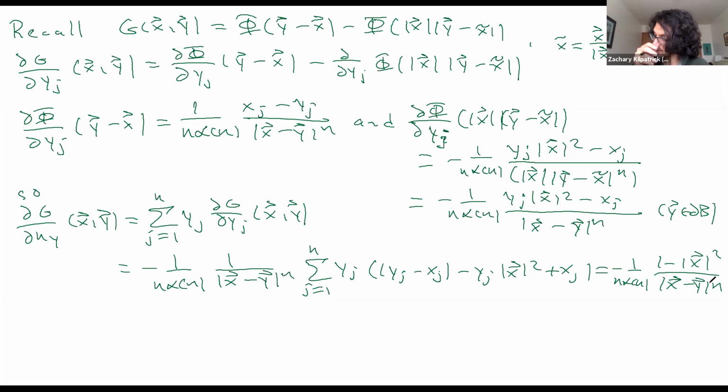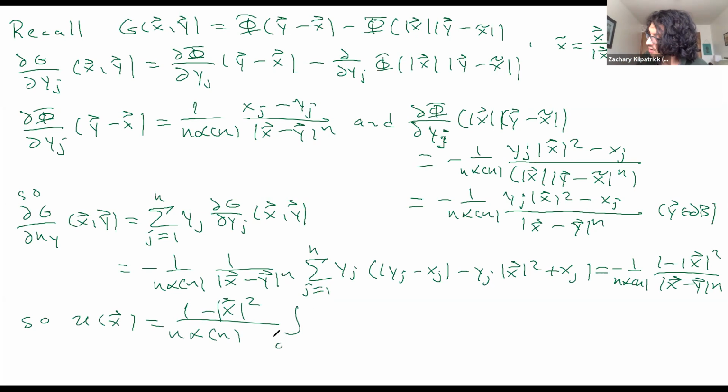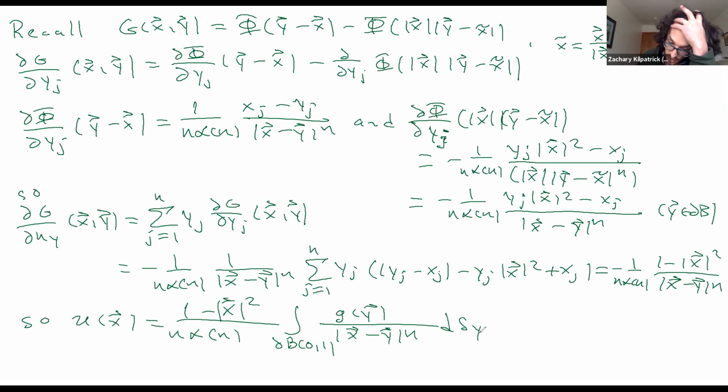And if you remember, our solution using the Poisson kernel should look a lot like what we had in that case. So essentially we have u of x is equal to 1 minus the magnitude of x squared, over n alpha of n, times the integral over the surface of g of y divided by the magnitude of x minus y to the n, integrated over the surface, right?